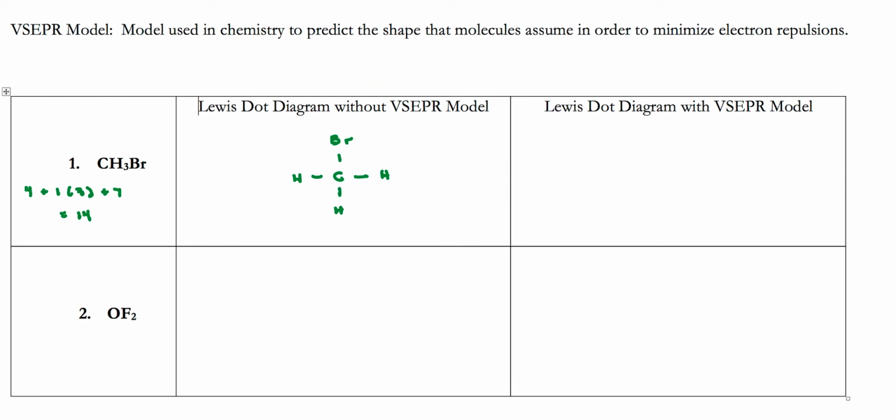Then my next step is to give lone electrons to my outermost atoms and then to my central atom so that they can fulfill the octet rule. Specifically, the octet rule tells us that atoms are most stable when they have 8 valence electrons. The only exception to that is hydrogen, which is most stable when it has 2 valence electrons.